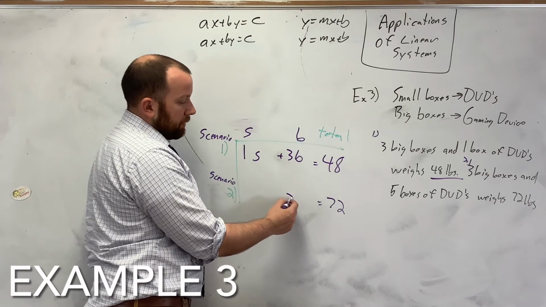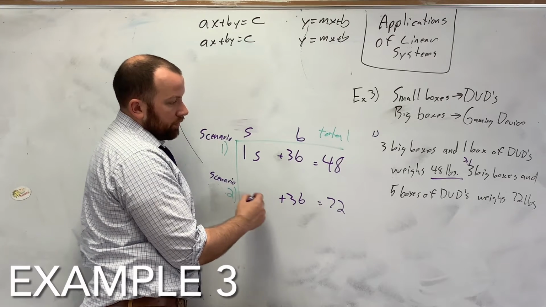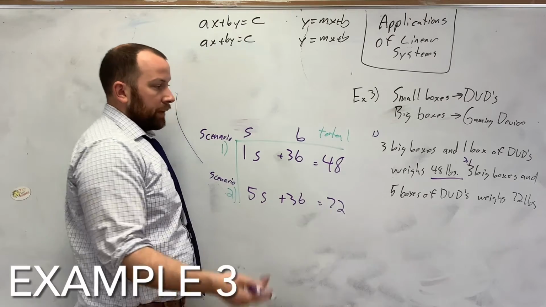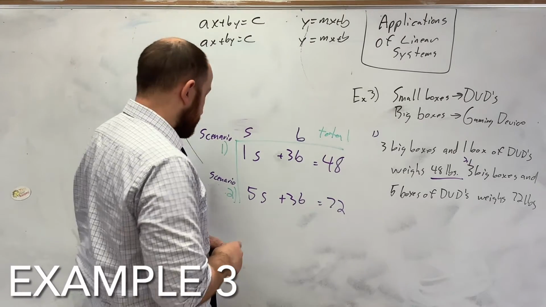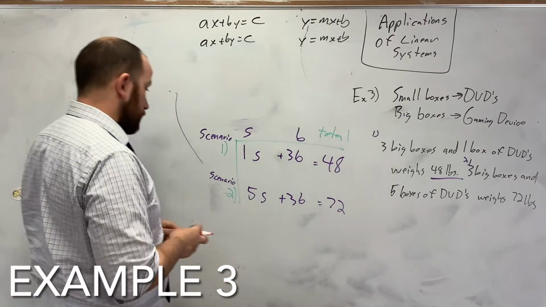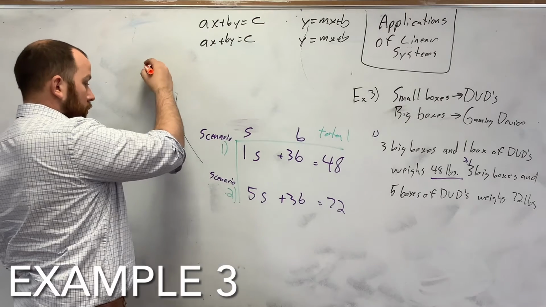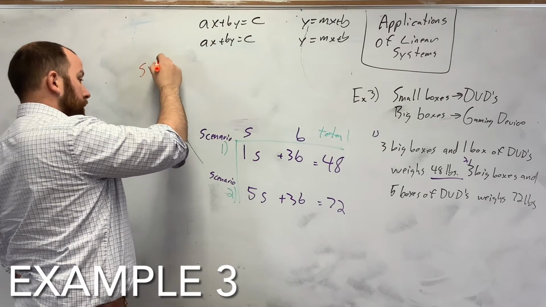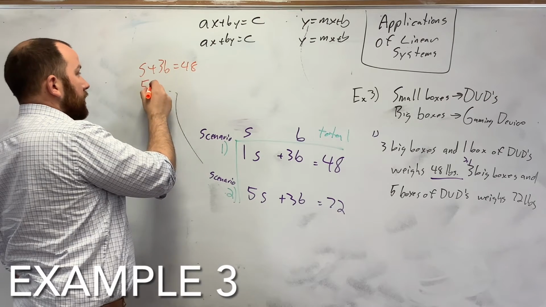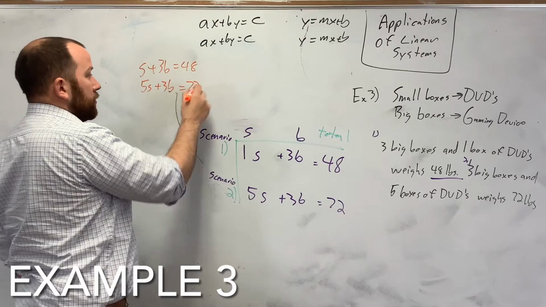Now I have 3 big boxes again, plus 5 small boxes equals 72 pounds. How much does each box weigh? Alrighty, now let's do our little fun time equation. So S plus 3B equals 48, and 5S plus 3B equals 72.